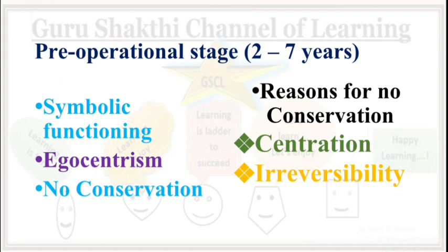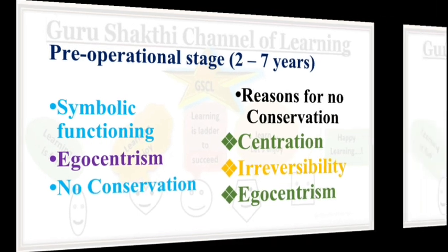If they see a house that is disorganized and things are fallen here and there on the floor, they won't be able to imagine the state in which everything is organized and things remained in their respective places. These are the main features of the pre-operational stage.